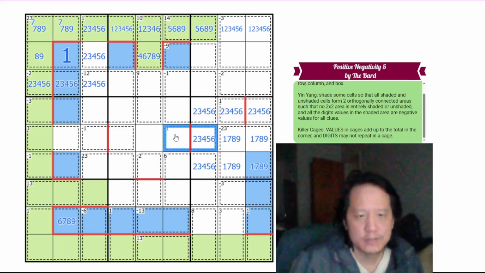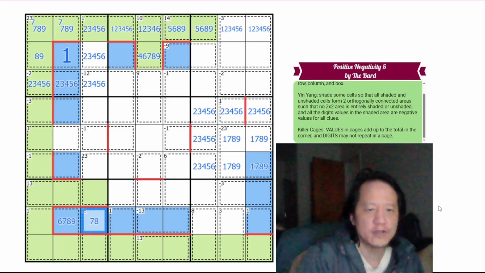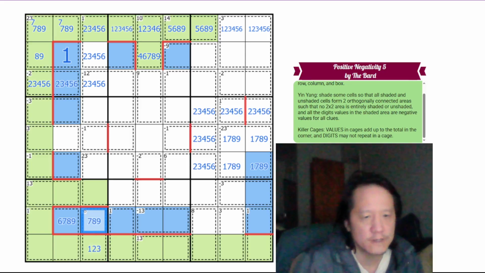This is split, this is split, this is split. This is negative. So this has to be at least 6 greater than this digit, because it would be 1 minus 7 is negative 6, 2 minus 8. So this is 7, 8, and 9. This is 1, 2, or 3.